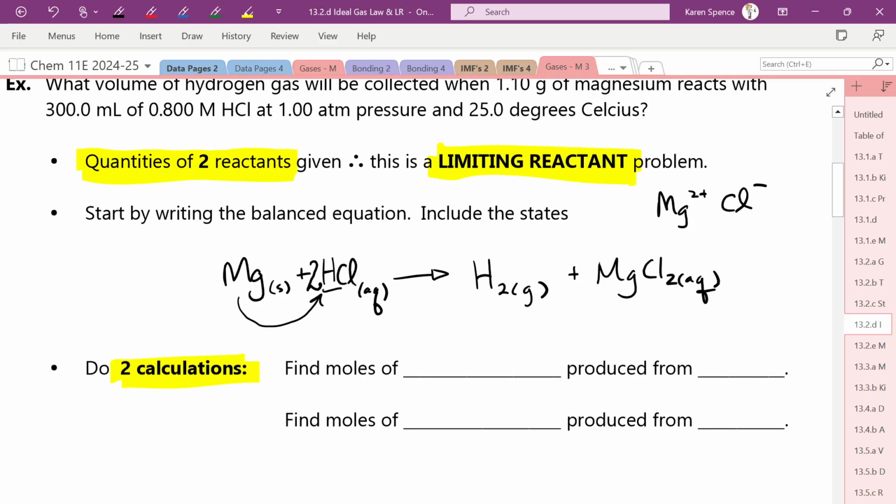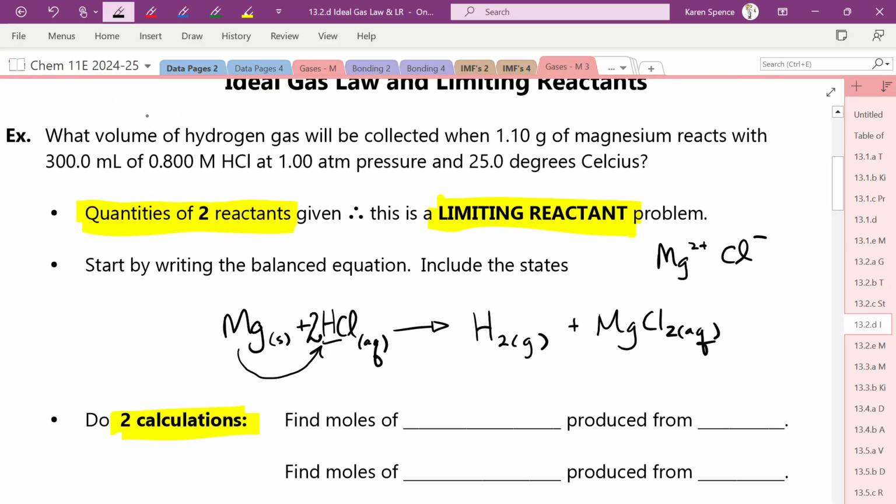All right, so 2 reactants, so we need to do 2 calculations. Eventually we want to find the volume of H2 gas. So what should we be finding the moles of? H2. So we're going to find the moles of H2 produced from Mg, and we need to find the moles of H2 produced from HCl. Can you guys do that, please?